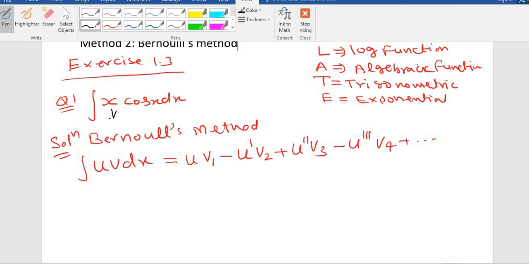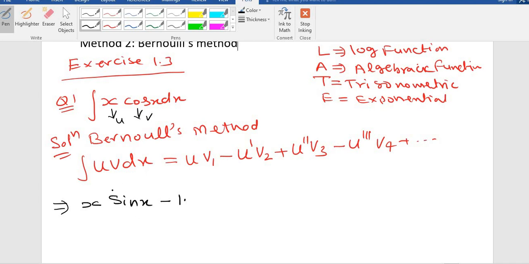I am assuming this is u and this is v. Using Bernoulli's method, u means x and v means the integration of cosine x. Integration of cosine x is sine x. Then minus u dash, the derivative of u, differentiation of x is 1, multiplied by v2, that means again the integration of v.